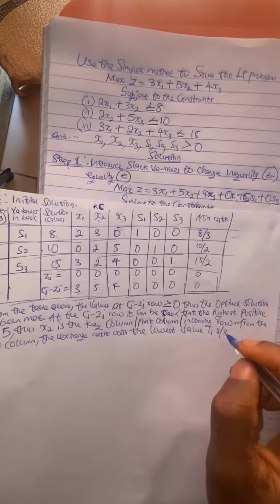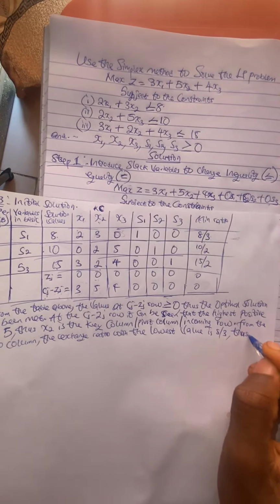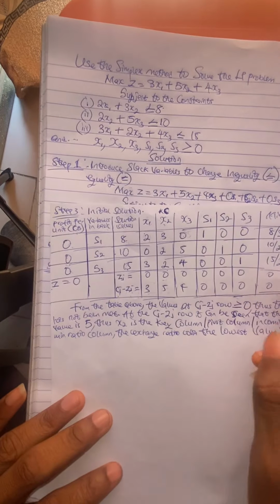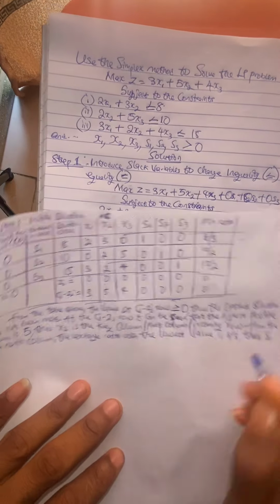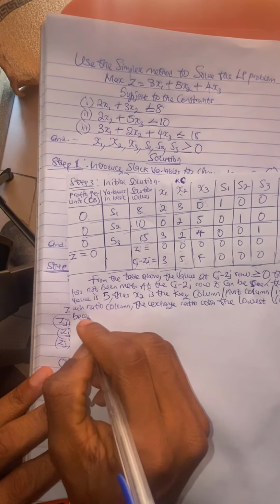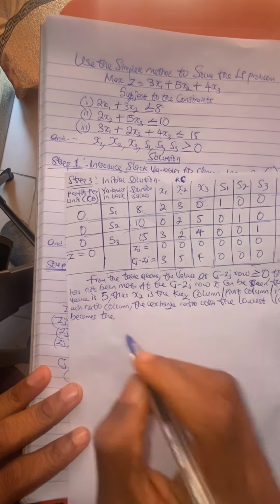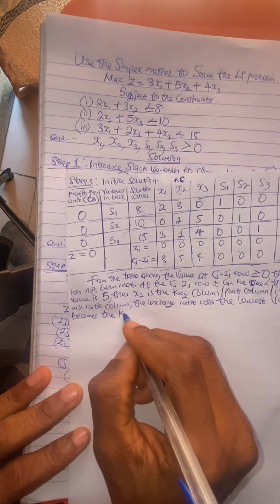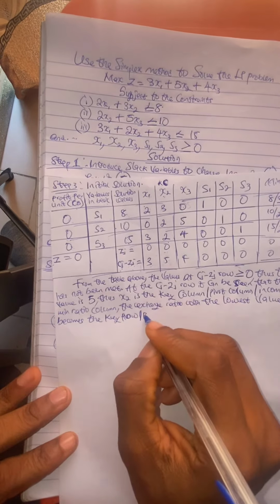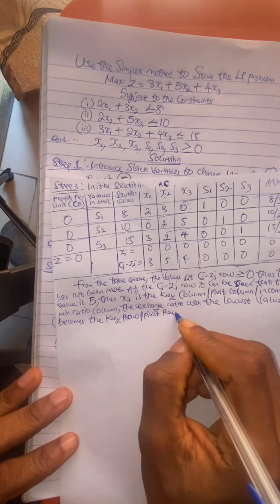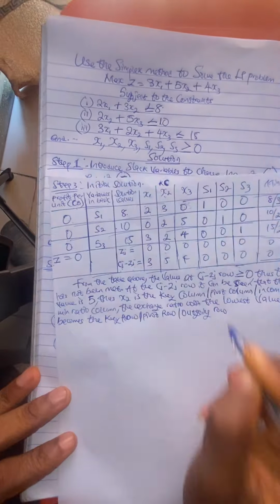8 all over 3, right? Thus, your x1 becomes the key row, slash pivot row, slash outgoing row, right?